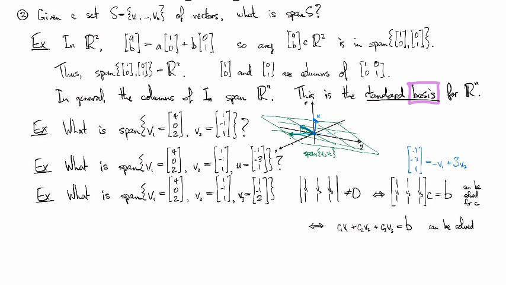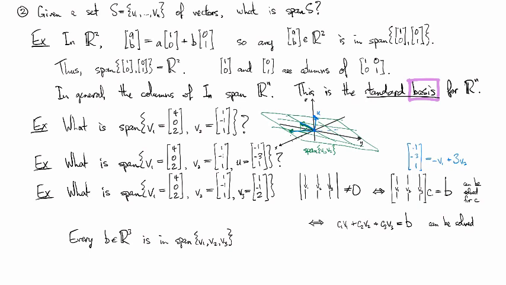This is saying that every vector b in R3 is in the span of v1, v2, and v3, because I can always solve that equation. And if everything is in the span, then that means that the span is R3.